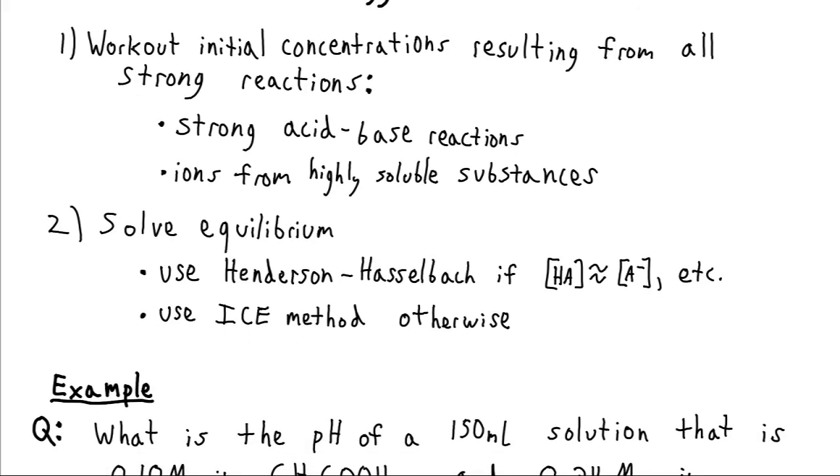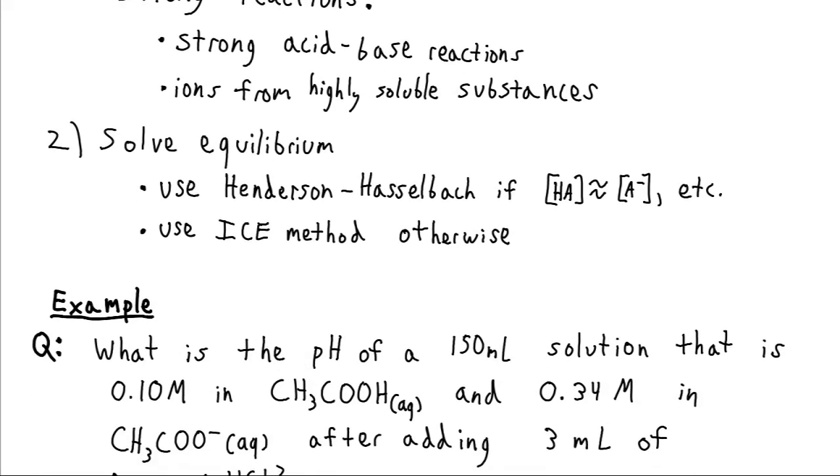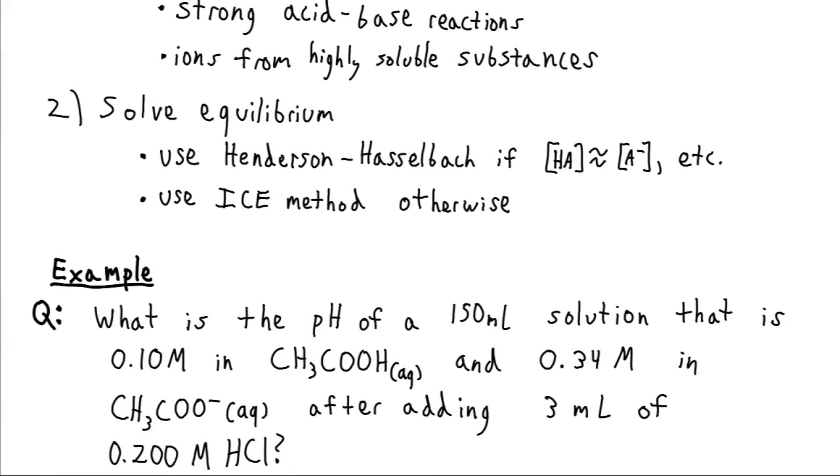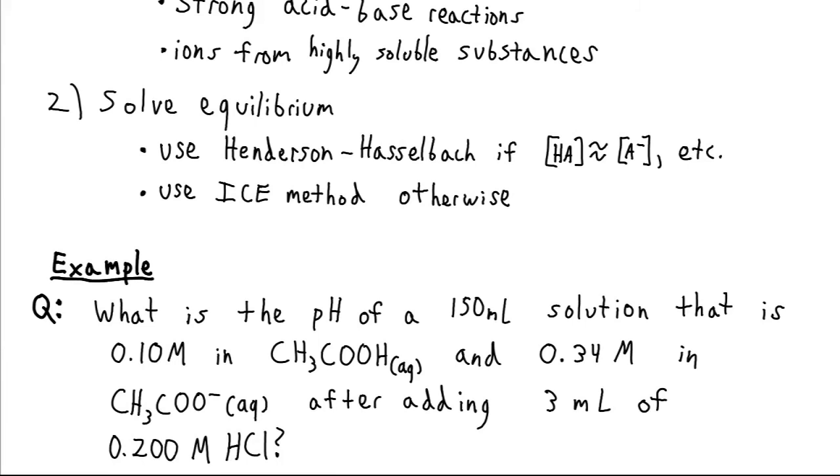So for example, let's go ahead and take our solution we had previously, 150 milliliters, that's 0.1 molar in acetic acid and 0.34 molar in acetate, and add 3 milliliters of hydrochloric acid, 0.2 molar, which is a strong acid.